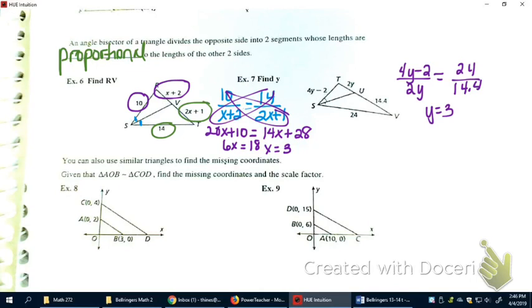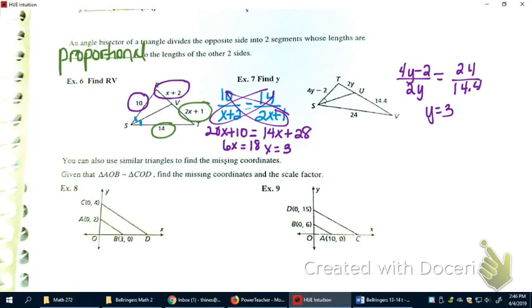Okay? And the last thing that it says that we can do with similar triangles is that we can find the missing coordinates using similar triangles. So if I look at this first example, I can see that this is at 0, 2, and this is at 3, 0. Okay? And at this point, the C point is at 0, 4. So what did I do to the A point to get to the C point?